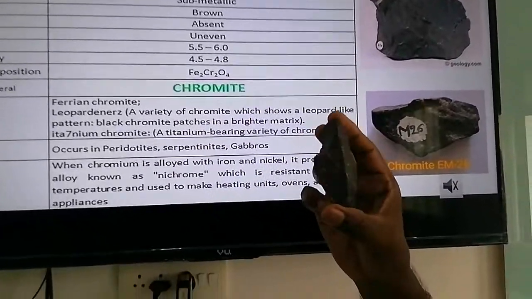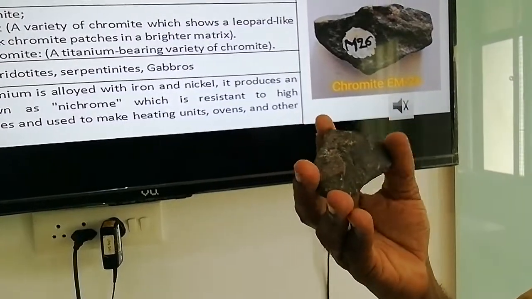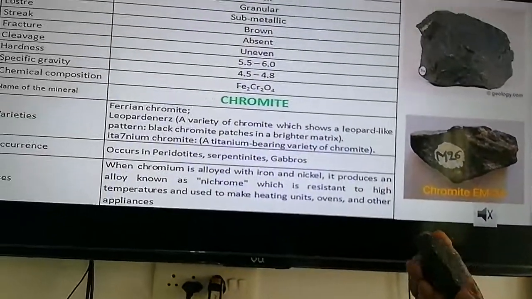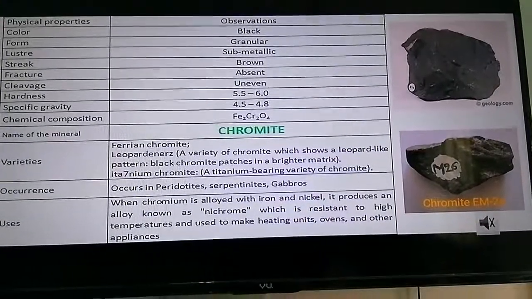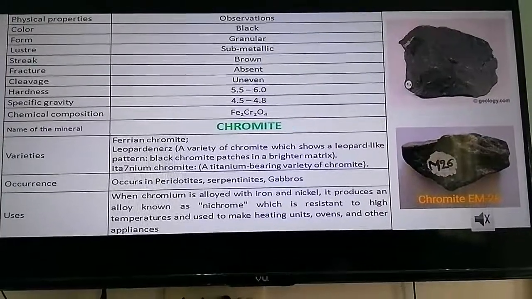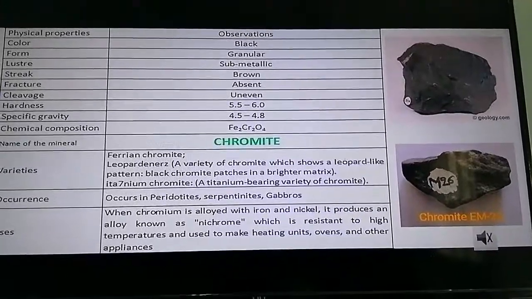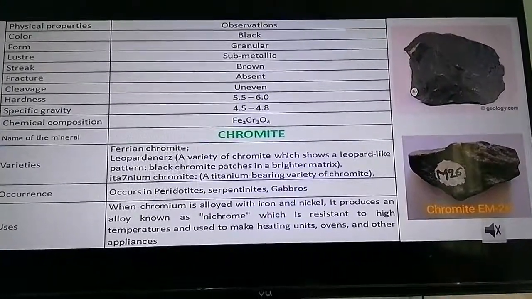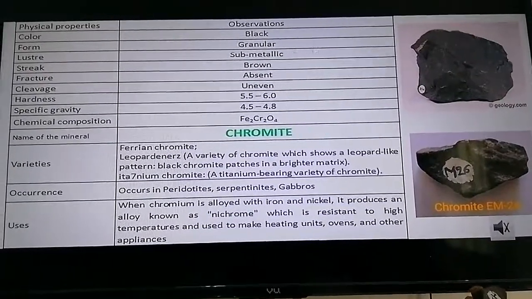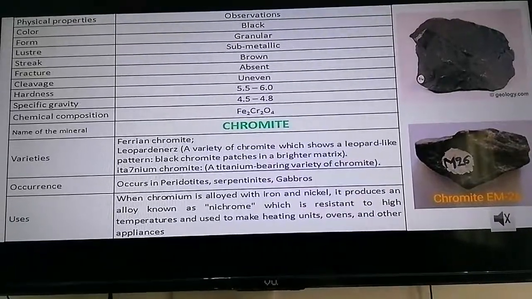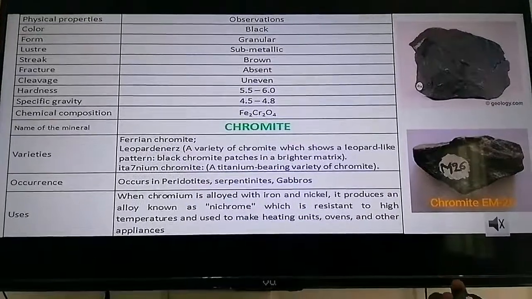Its color is black, form is granular, luster is submetallic, streak is brown, and fracture is uneven, cleavage absent, hardness 5.5 to 6, specific gravity 4.5 to 4.8, and its chemical composition is FeCr2O4. Ferrian chromite is another variety of chromite, and this chromite usually occurs in peridotites, serpentinites, and gabbros.